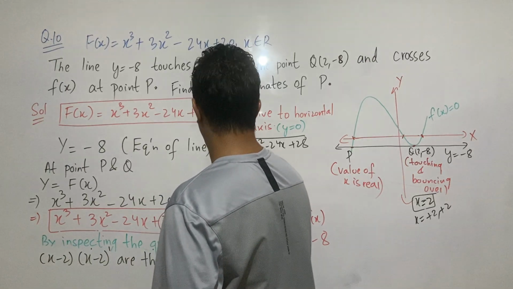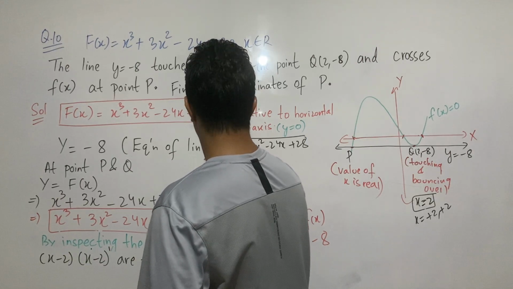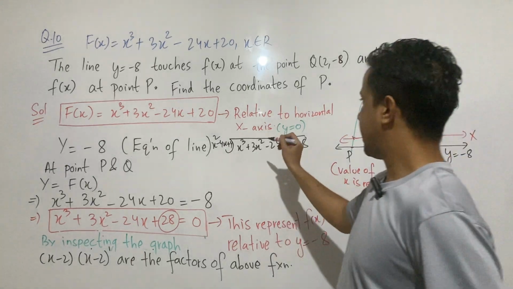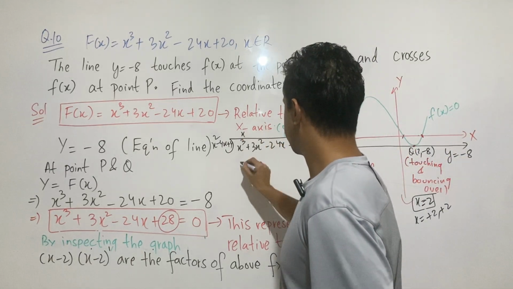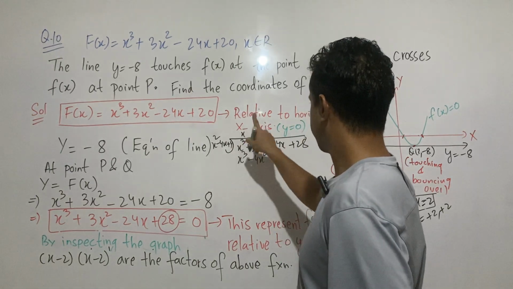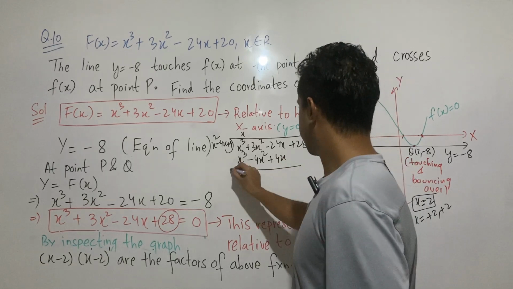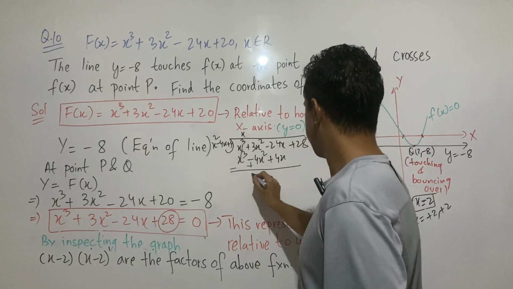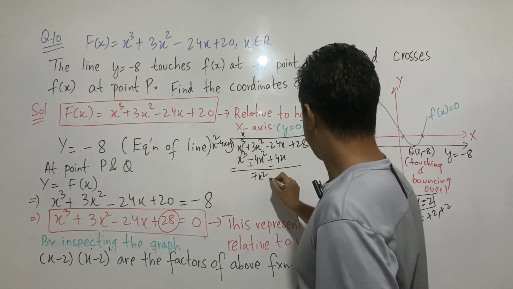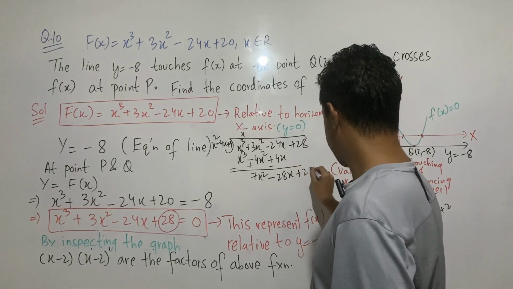Which is x squared minus 4x plus 4. Okay, so if I divide here, it will be x cubed minus 4x squared plus 4x. So here cancelled, plus 7x squared minus 28x plus 28.